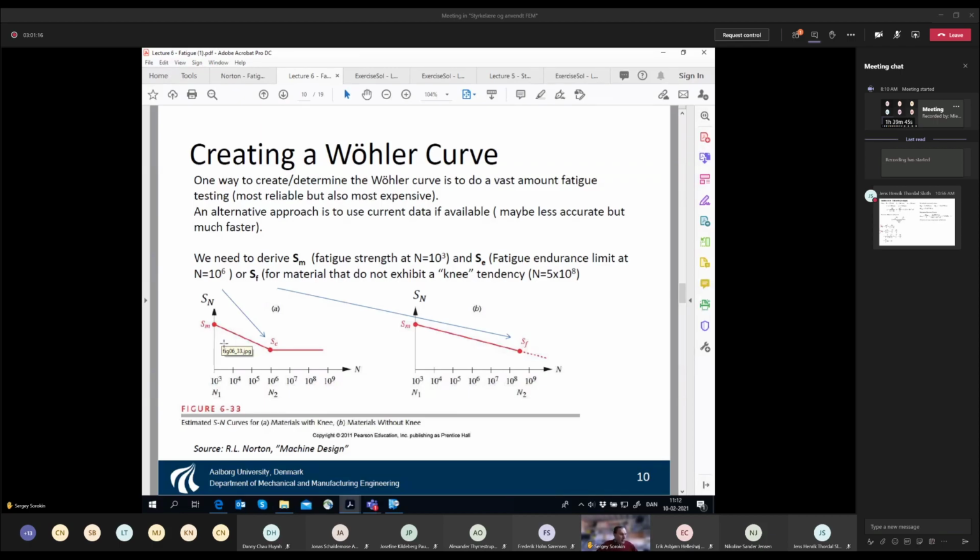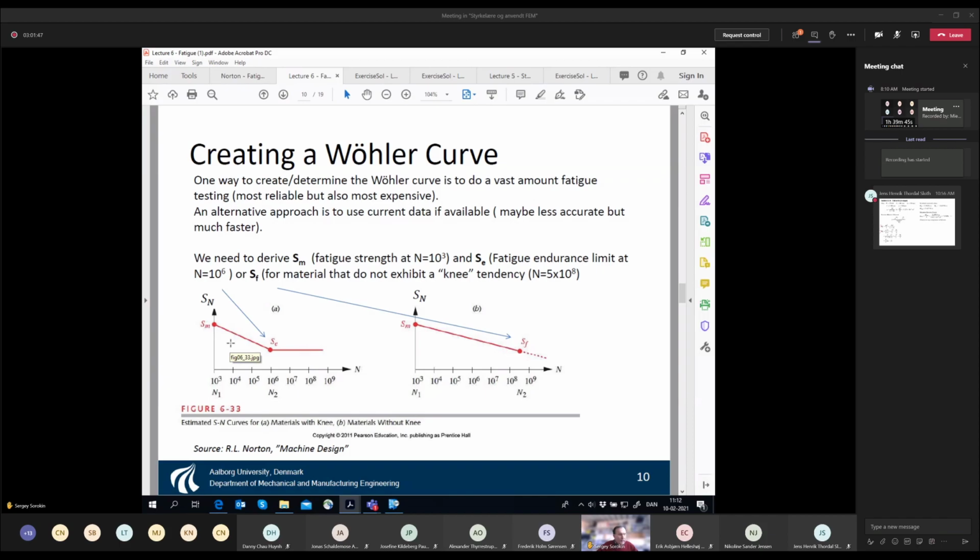If we now go to the second regime, there we have these n2 small cycles. Then we do the same thing and see how many cycles are actually needed to kill this specimen. And then n small 2 divided by n capital 2 is the damage which we have brought in regime number 2.